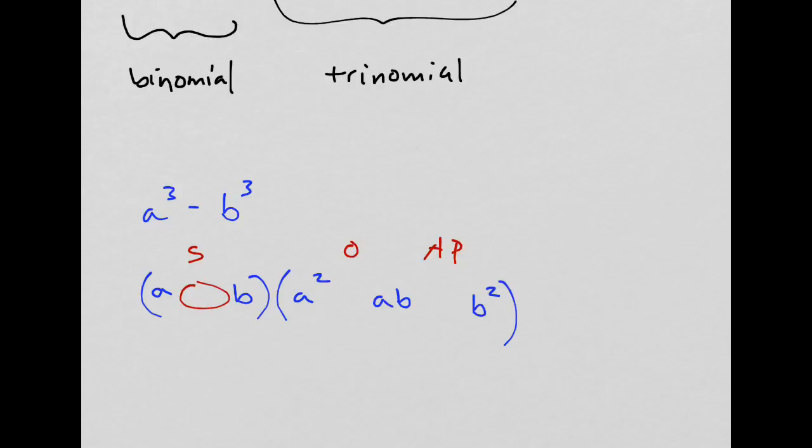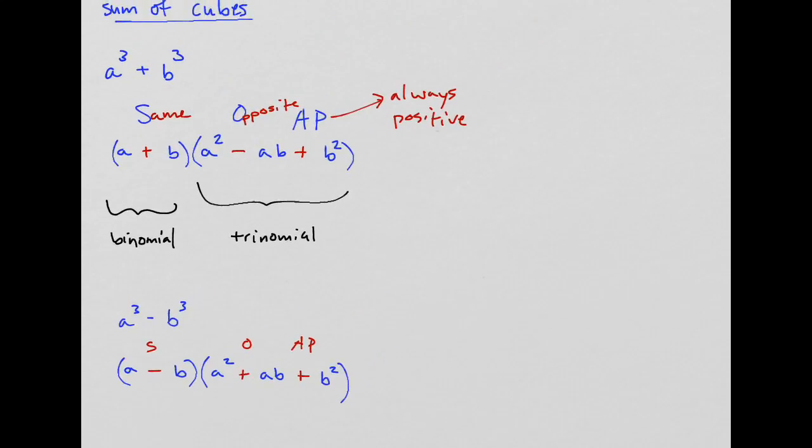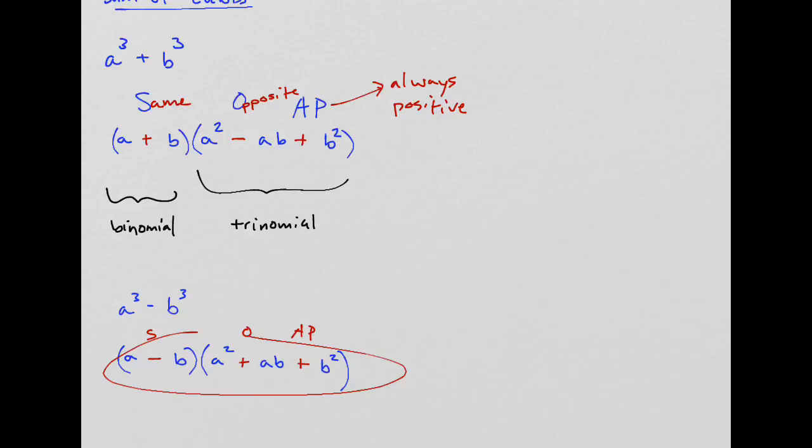What sign goes in here? The same as your original. What sign goes in here? The opposite of your original. And this one's always positive. And there we go. Do you see how these are different? That's because they started out different. And that's how you factor differences of cubes and sums of cubes.